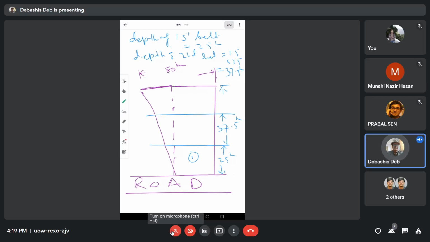Total depth should be given in the problem; it is 180 meter. In the problem, depth of first belt and second belt is not given. We have assumed the depth of first belt, since depth of front belt rate has been given as 25 meters, so I consider 25 meter as the first belt. Second belt depth 1.5 into 25 meter, coming as 37.5. And third belt is 180 meter minus this, coming as 117.5.